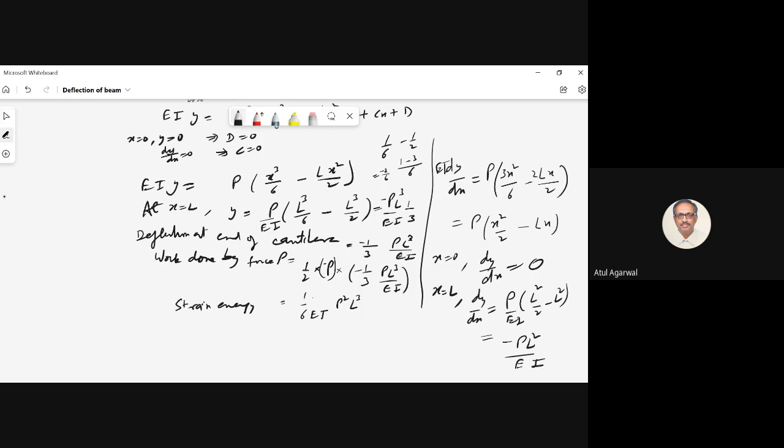You see, your beam goes like this. So this is the slope. So this slope is making a clockwise angle. So it's a negative slope. Any questions?